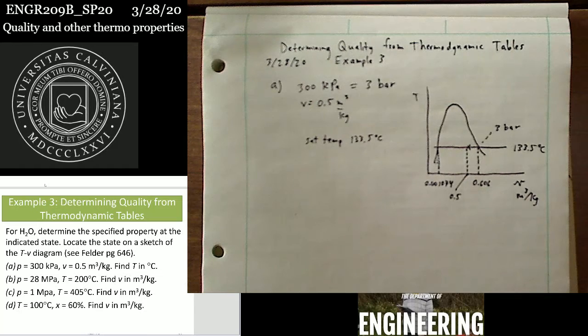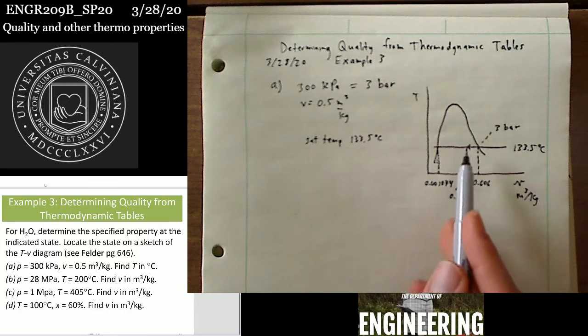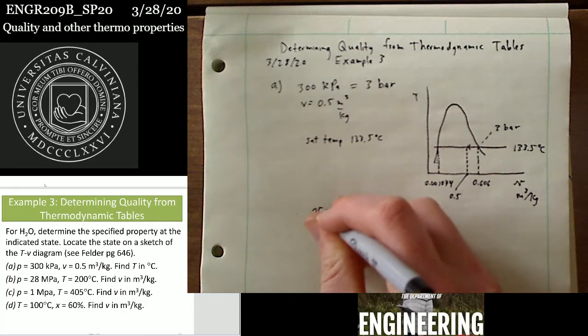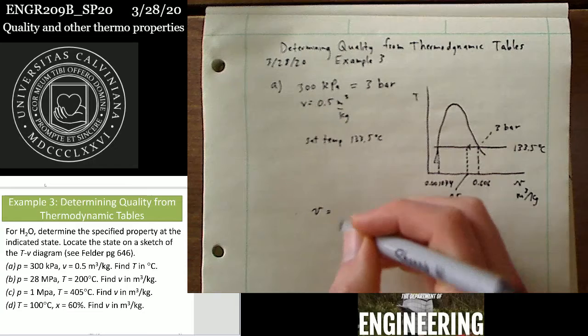So that's fine. But what if we wanted to determine what the actual quality is here? We're not asked for that in the problem, but if we do want to determine what it is, all we need to do is use our formula that involves quality. So this is our known specific volume.